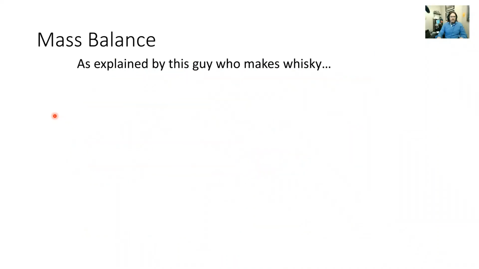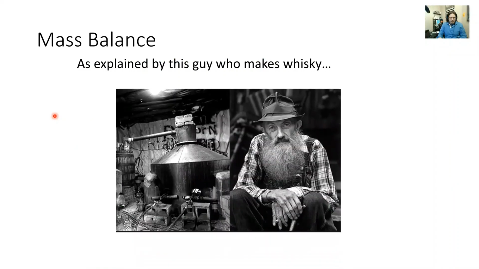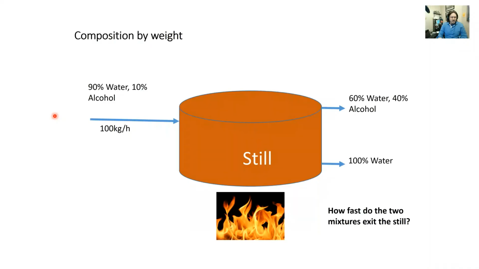All right, so mass balance is explained by this guy who makes whiskey. I was told this was actually a show, so I better be careful with copyrighted materials for some moonshine guy. I don't watch much TV. But distillation, and you don't have to just distill alcohol.